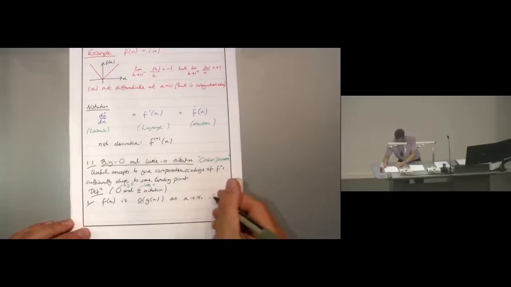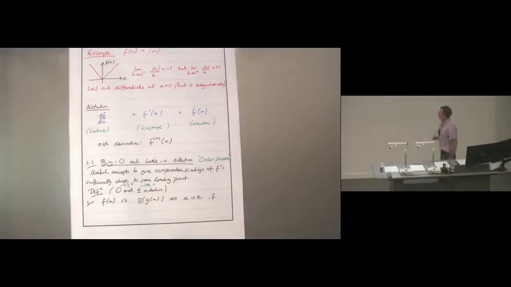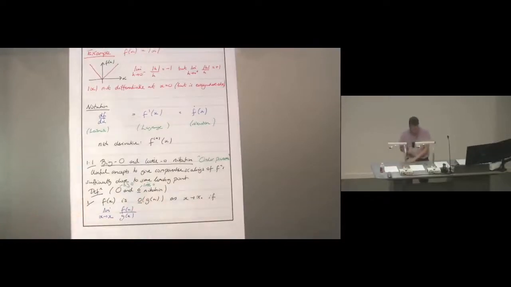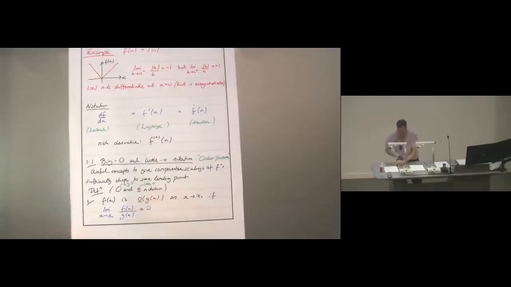We say that if we have some function f of x, that function is little o of g of x as x approaches some point x naught, what that means is that if I take the limit as x approaches x naught of the ratio f of x to g of x, that limit has to be 0.